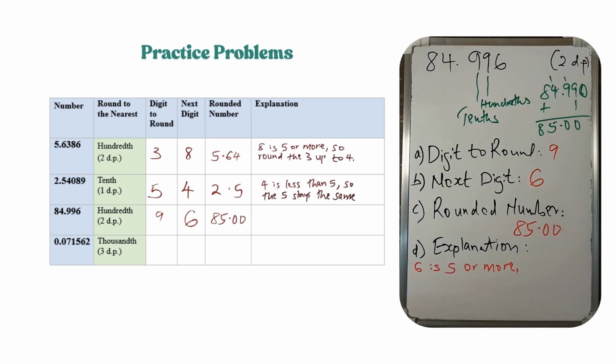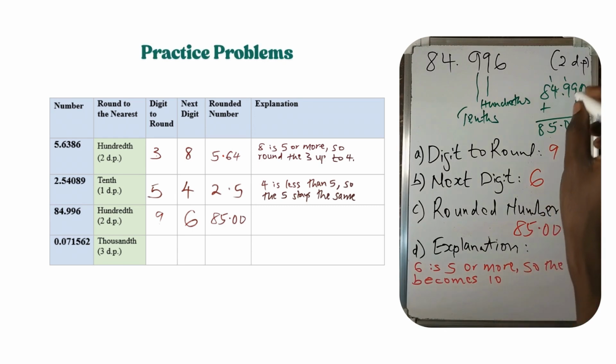So when 6 is 5 or more, our 9 becomes 10. And when the 9 became 10, we carried 1.